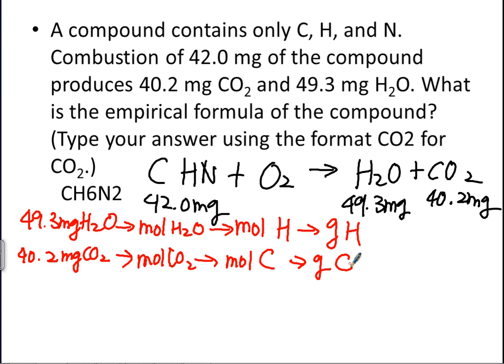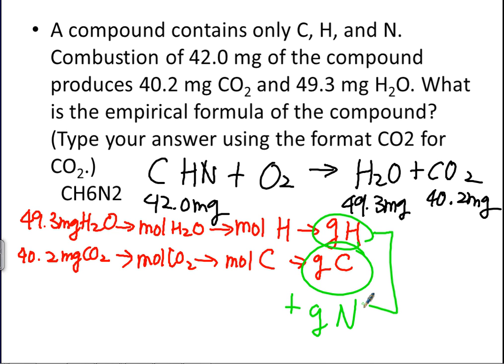I know that grams of hydrogen, plus grams of carbon, plus grams of nitrogen has to equal the total, 42.0 milligrams. When you subtract it out, you'll find this. Now you know the mass of every single component. Now what do we do?